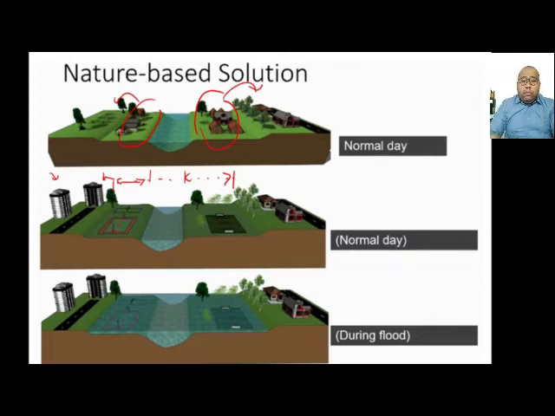So you reduce the flood risk. The flood will still occur, but the impact on our community can be reduced by relocating the people.